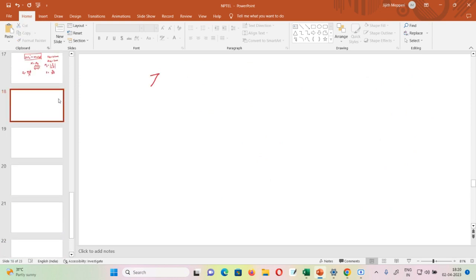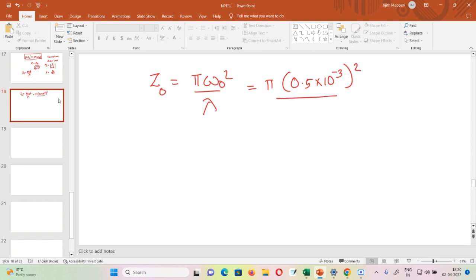First you have to calculate your z naught. So z naught is equal to pi into omega naught square by lambda. So it will be equal to pi into omega, where omega will be 0.5 into 10 raised to minus 3, the whole square, by lambda, that's the wavelength.